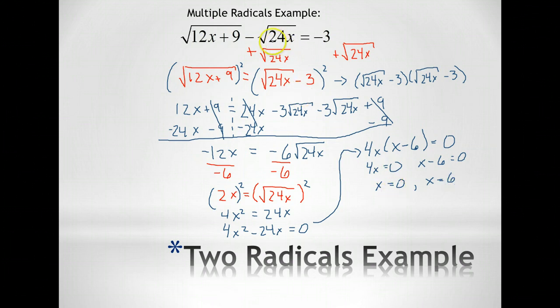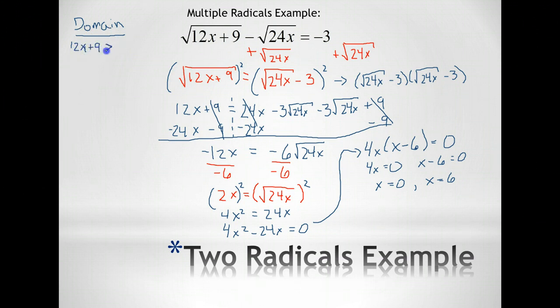Now, I forgot to do the domain. So when I do the domain question, I need to make sure these will work in the domain. Now there's two options. You can just test each of these inside and make sure they both work, or you can calculate the domain as well. I'm going to test them both, but let's just check what the domain is for 12x plus 9.